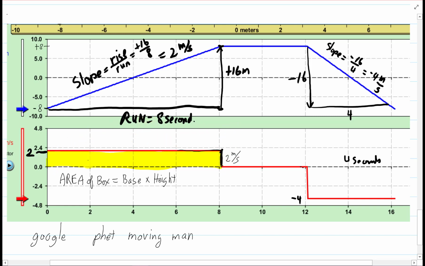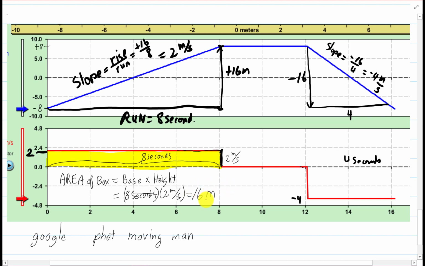And the base of that is 8 seconds. So 8 seconds is the base, and the height of that is 2 meters per second. And we multiply it, just take a look at the units cancel. Seconds up top, seconds down below cancel, and we get an answer of 8 times 2, which is 16, and the units is meters.